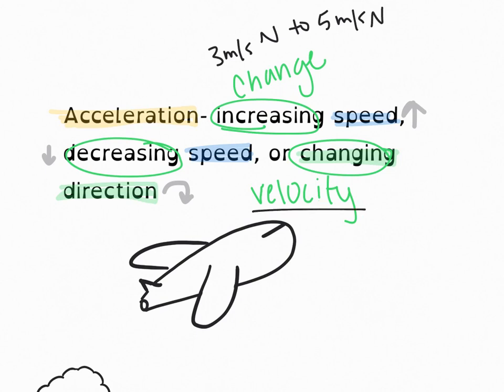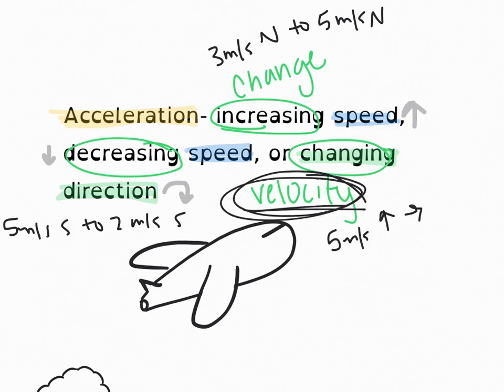If I go from 5 meters per second south to 2 meters per second south, that again is a change in my velocity. Or if I go 5 meters per second up, and now I'm going to turn right, one more time, change in my velocity.